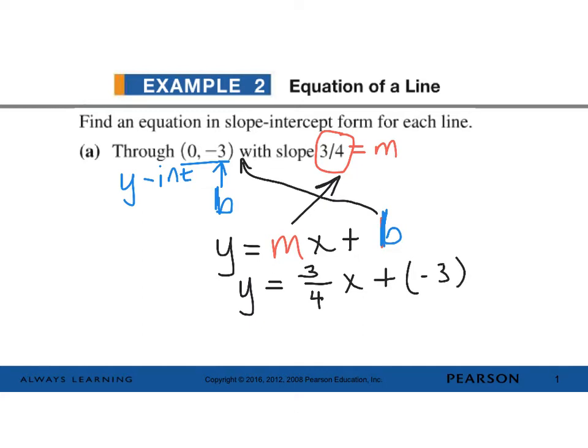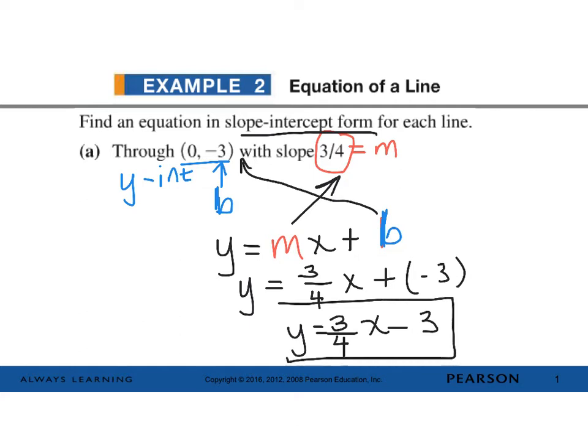And then simplifying so that we're adding a negative is actually a subtraction operation. Then the equation of our line in slope-intercept form is y is equal to 3/4 x minus 3.